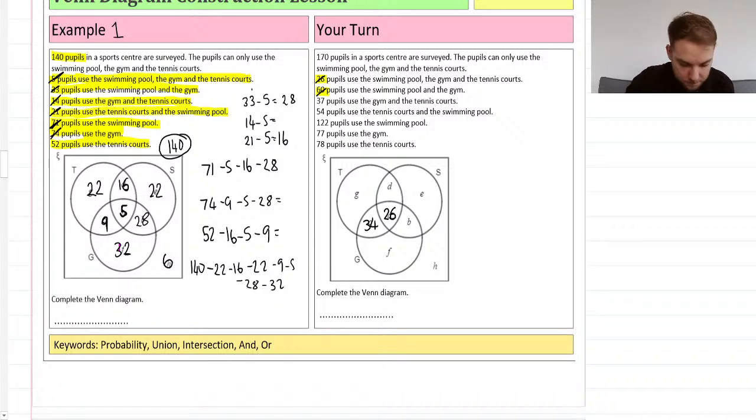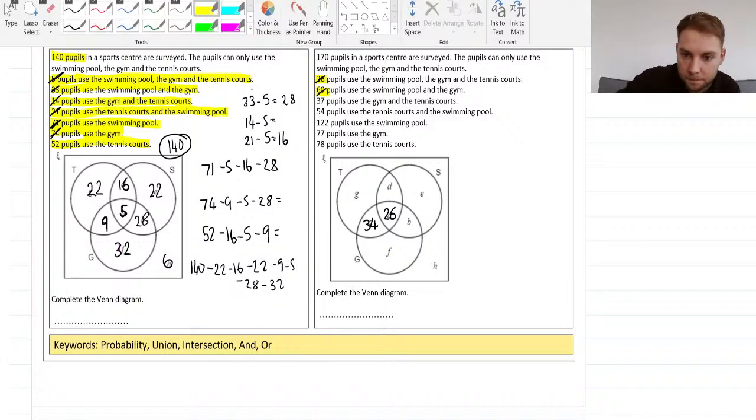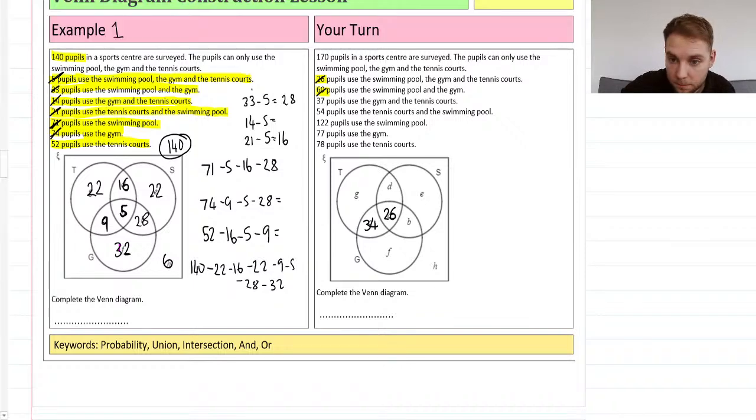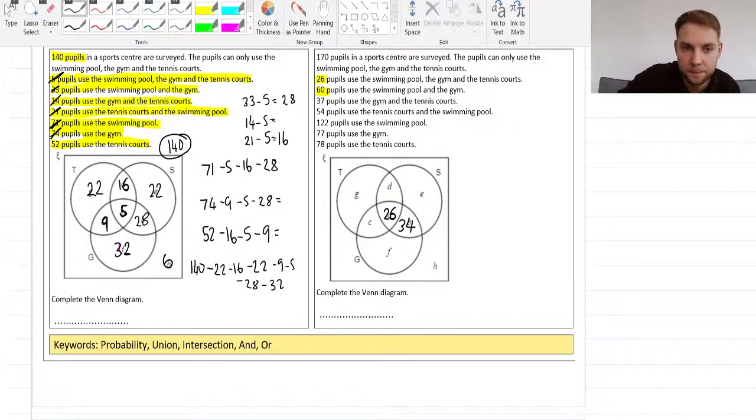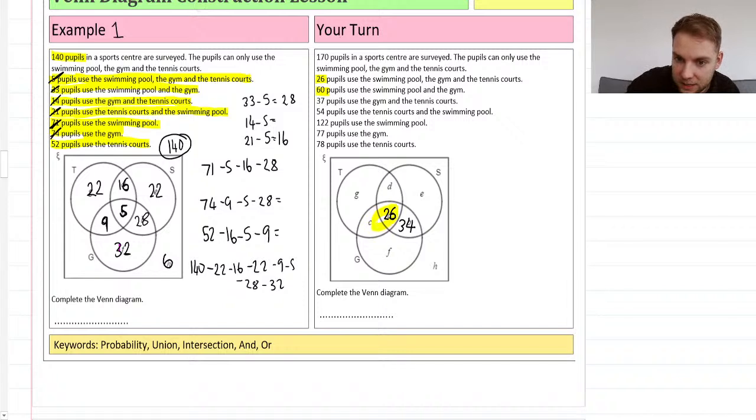Silly Billy. 34 should be for the swimming pool and gym, which is here, sorry. There we go. Fine. So gym and tennis court is actually this part here.